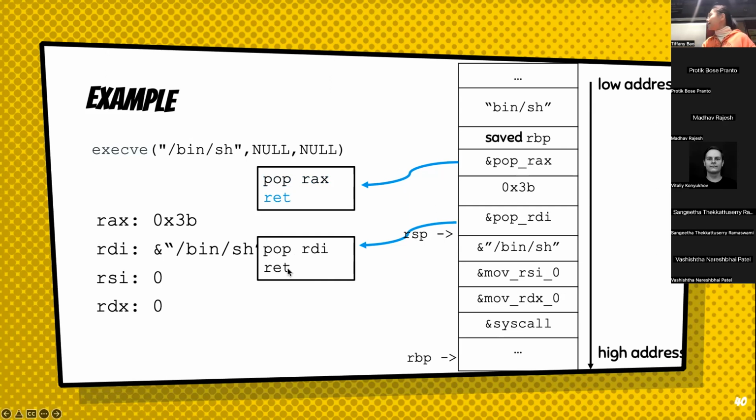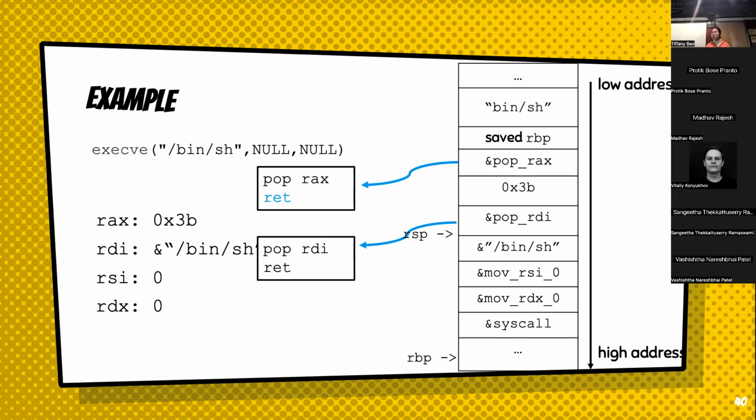So by the time we finish the return, RIP's value will be equal to the address that points to the pop RDI and return gadget, and we will jump to that location, okay? In this way, we finish a transition from one gadget to another. And then similarly, we're going to do this again, until we manage to make all the values what we expected. Does it make sense? Okay, cool.